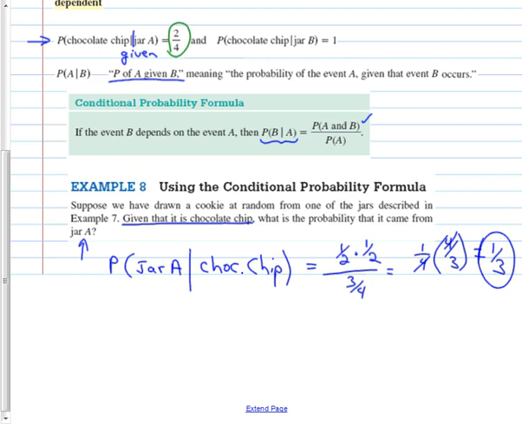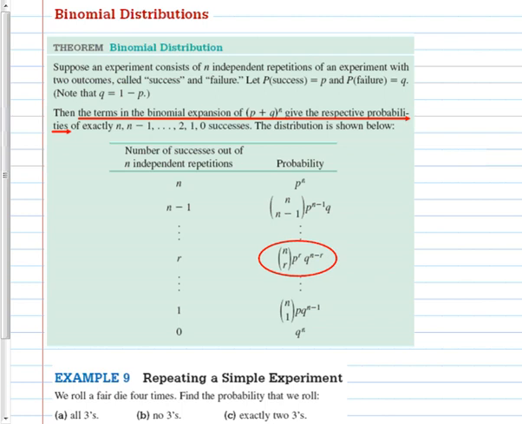When we have specific two outcomes, what does the prefix bi mean? Two. With two outcomes, we have a formula for figuring out how many events happen. What are two outcome events? Maybe they're true and false on a test. Maybe they're yes and no. Maybe they're heads and tails.